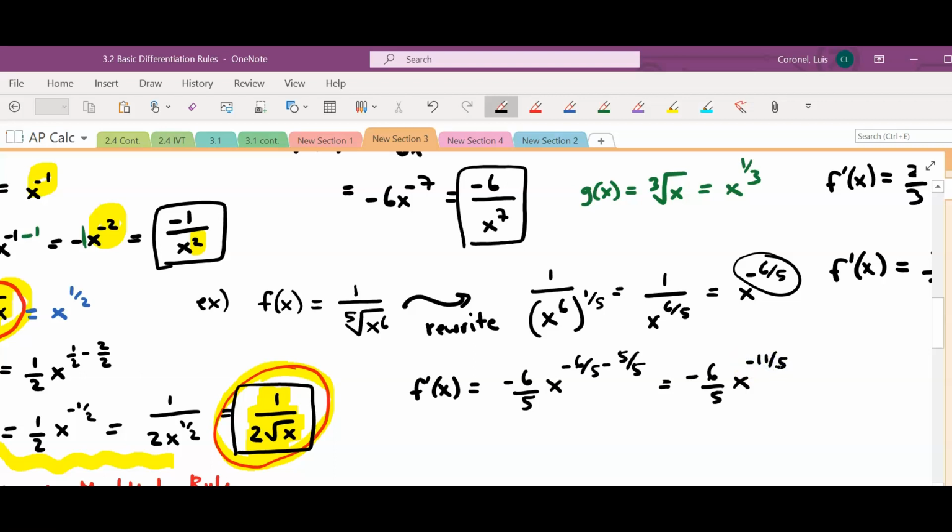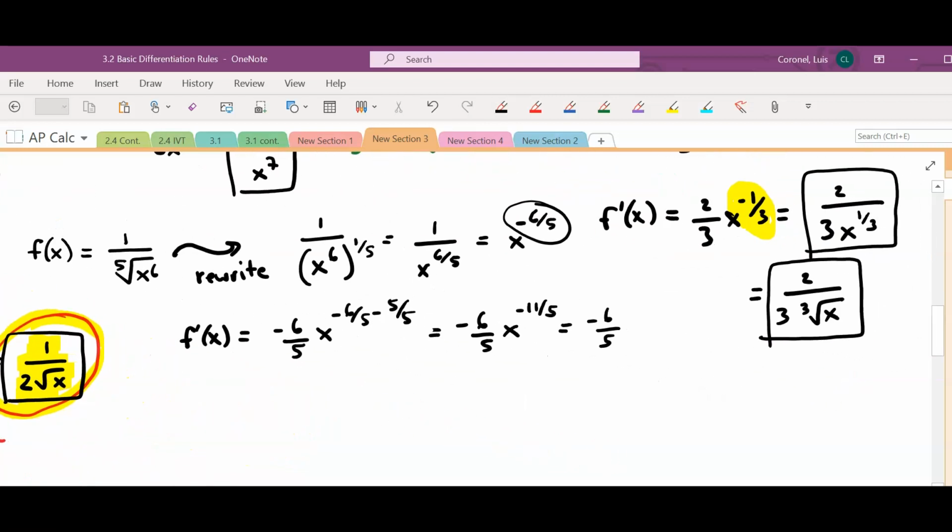That's a negative power, so I'm going to move that power to the bottom. Let me fix this 5 so it looks nice. So we have 5 times x to the 11/5. Alright, so that's our answer.